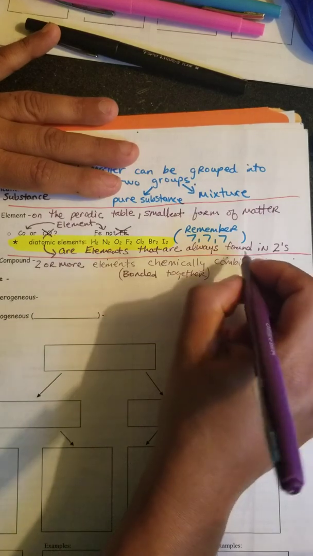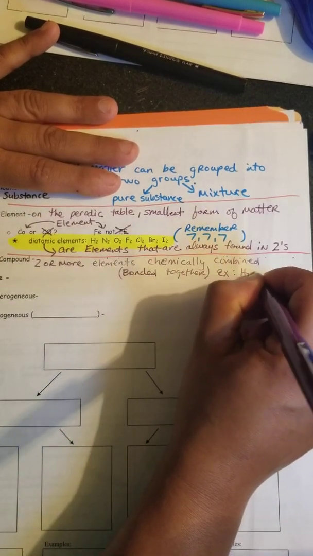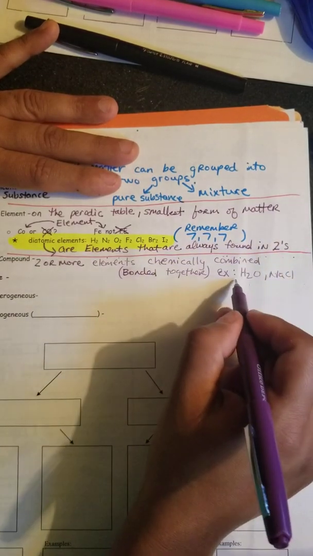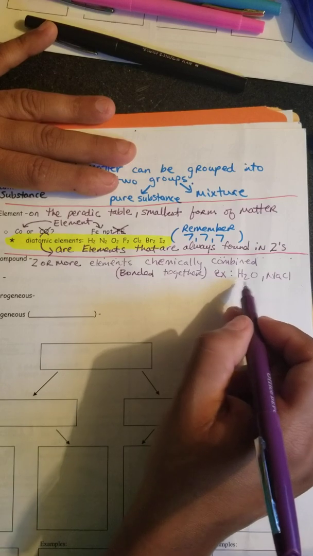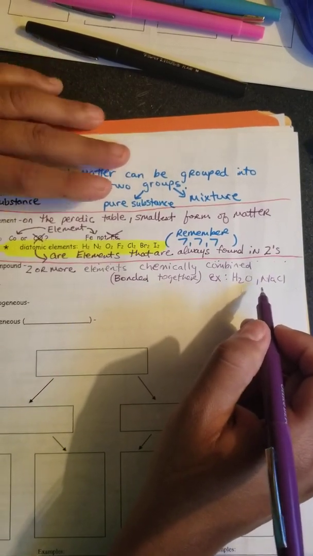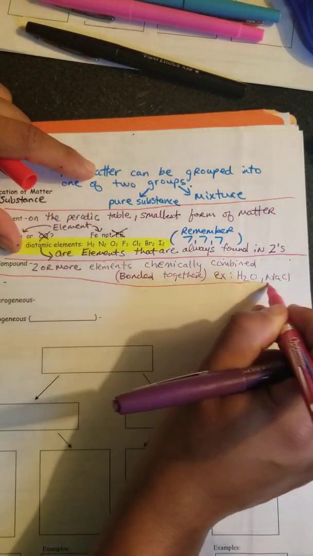Okay, example, H2O, NaCl. All right, H2O, it is chemically bonded together. NaCl are chemically bonded together. I'm so sorry, forgive me for that. Let me now draw my line.